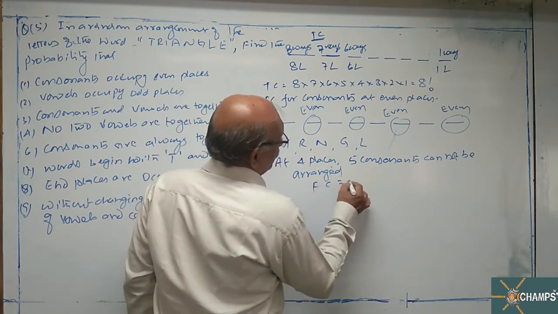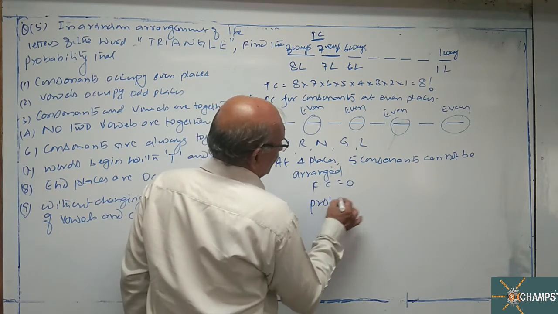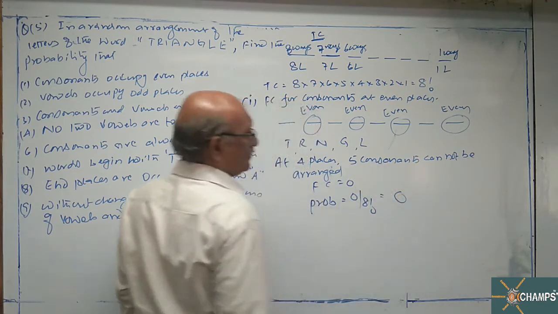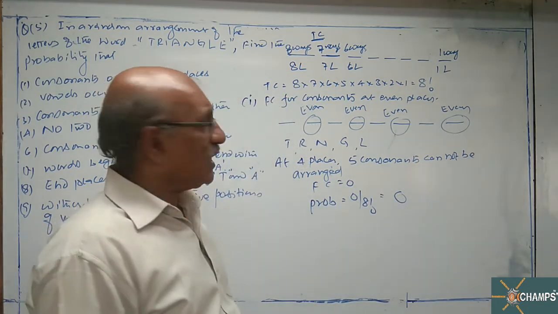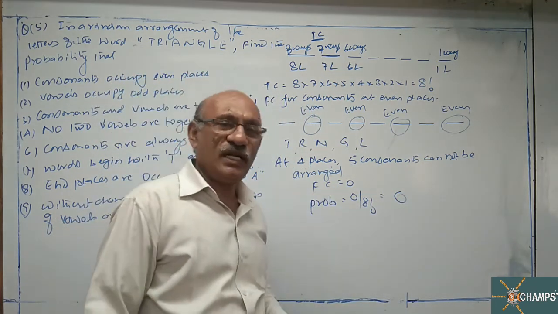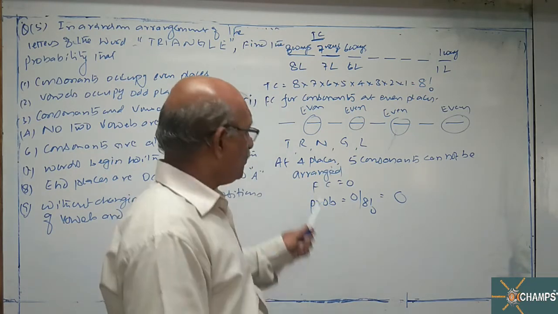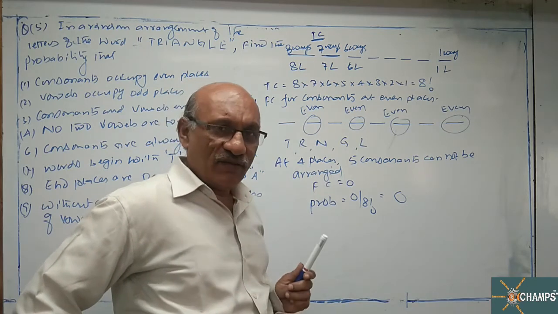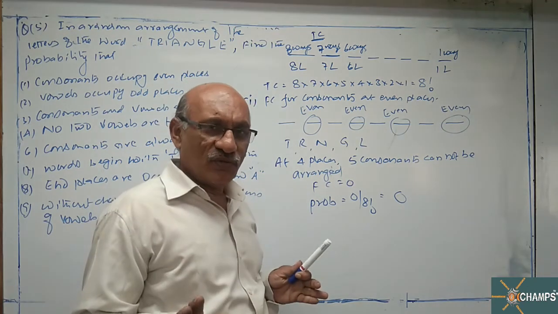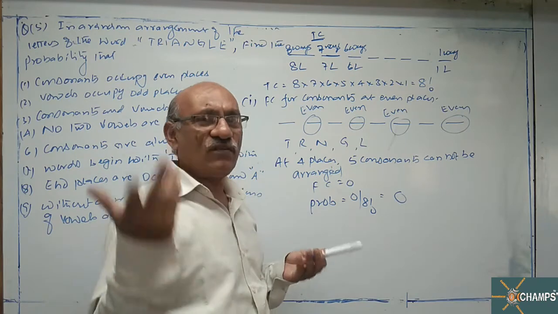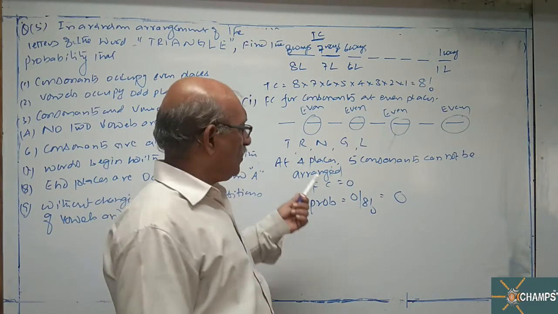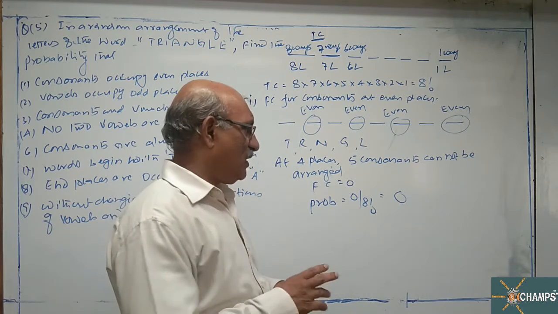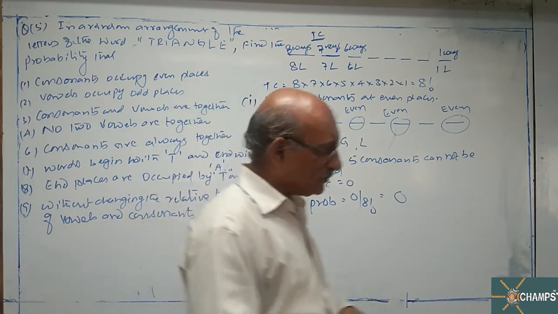So favorable cases are 0, probability is equal to 0 divided by 8 factorial, answer is 0. There is no possibility, so probability is equal to 0. I have 4 even places and 5 consonants, so it is not possible to put 5 consonants at 4 even places. Therefore, favorable cases are 0. Probability is equal to 0. Okay.